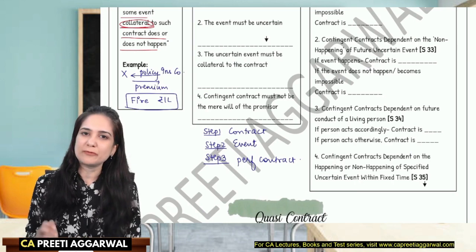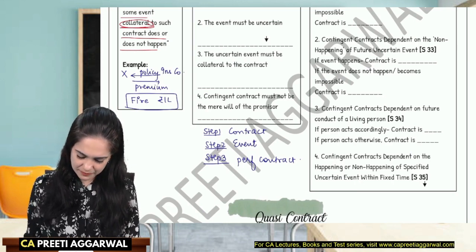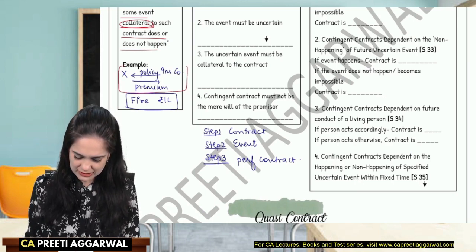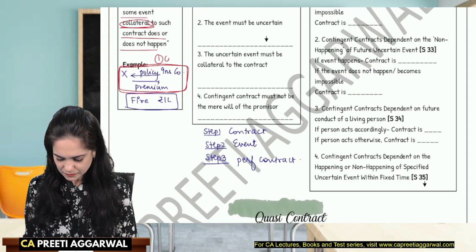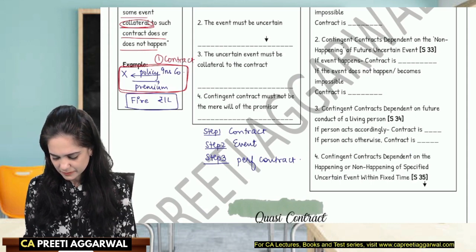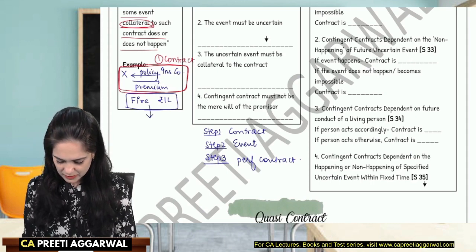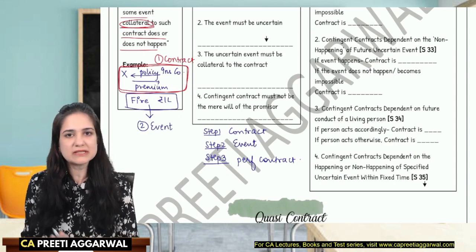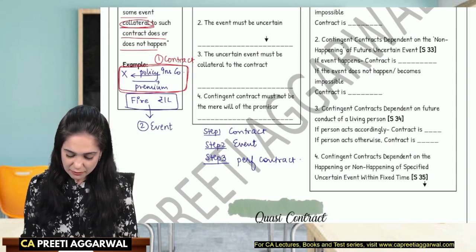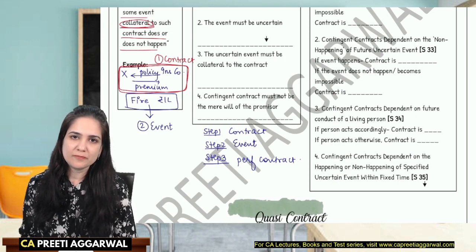Now, let's go stepwise. Is there a contract? Yes, there's a proper contract. See, there are two parties, consideration, free consent, all the elements are present. So there is a contract. What is the event? Fire. This is the event. It is separate, it is independent, it is uncertain. When will X get the money? If fire occurs.